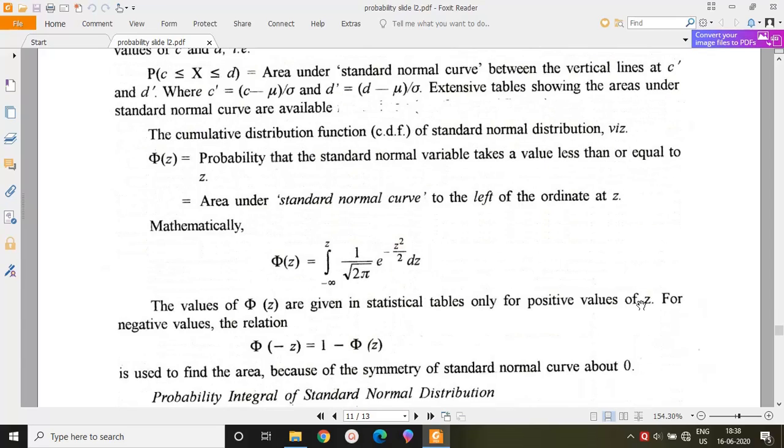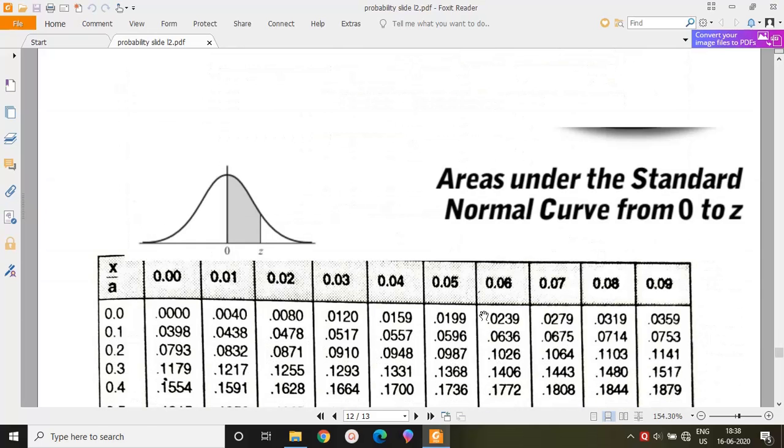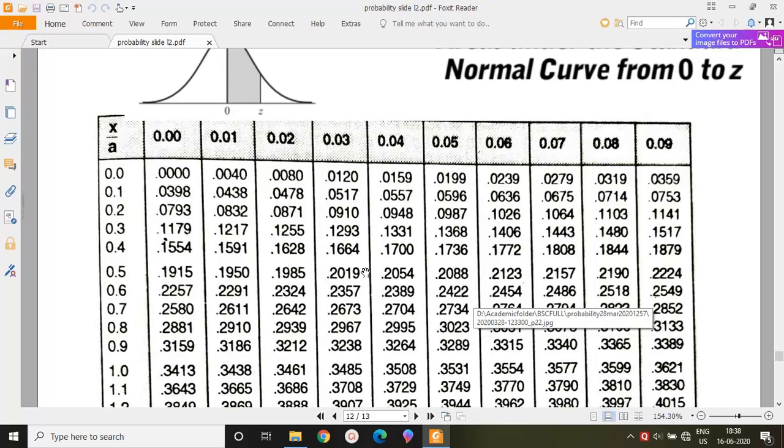Let me show you. Suppose you want to find the area in this shaded diagram. From minus infinity to 0, the area will be 0.5, and the area between 0 and a will be given from the standard table of area under the normal curve. This is your standard table.